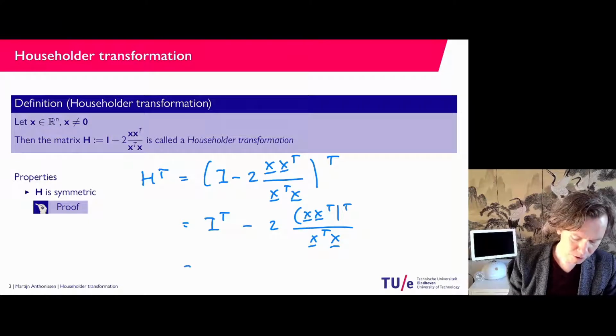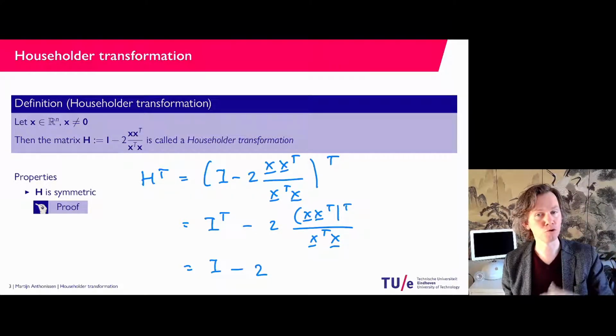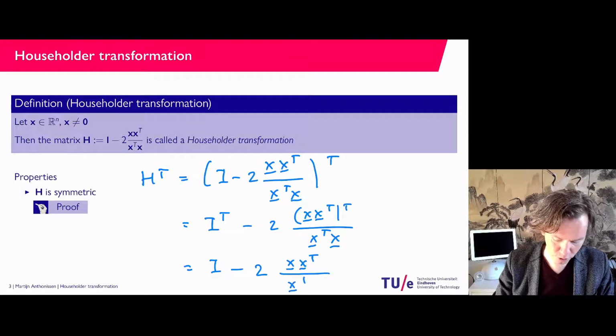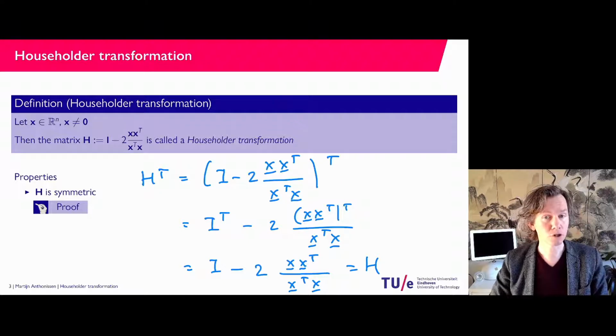In the numerator, if you transpose the individual factors, they change order. So we get x transpose transpose, which is just x, and here x transpose, and in the denominator we just copy x transpose x, and you see that this is precisely the definition of H. So apparently H is indeed symmetric.